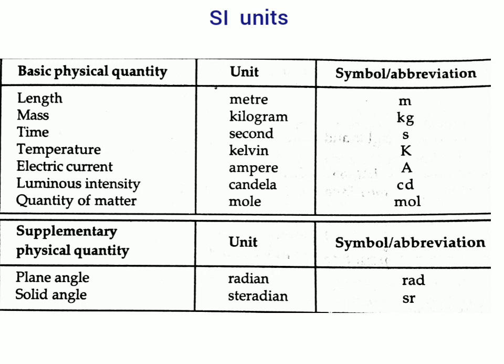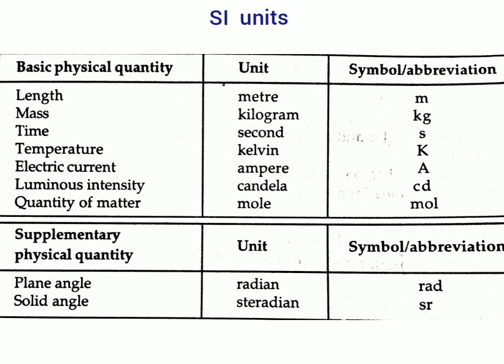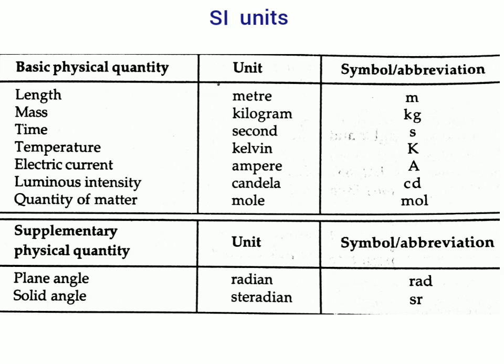So for SI units, length is measured in meter, mass in kg, and time in second, electric current is measured in ampere, temperature in Kelvin, amount of substance in mole, and luminous intensity in candela.